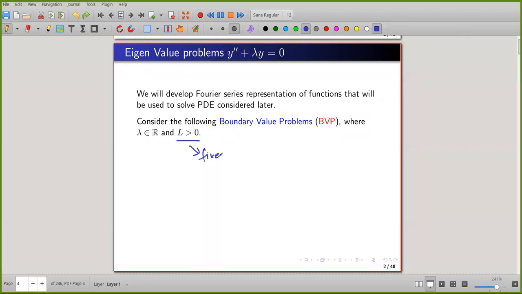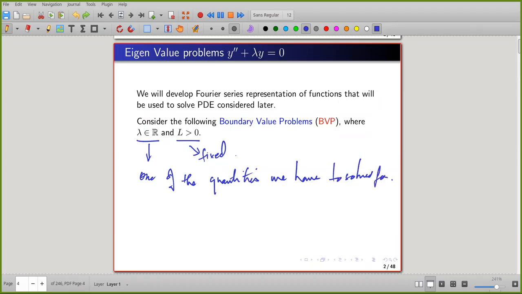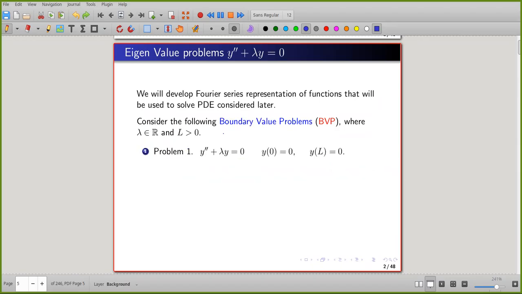And lambda is one of the quantities we have to solve for. L will usually be 1 or pi or something like that.